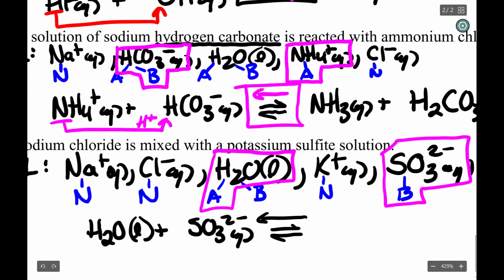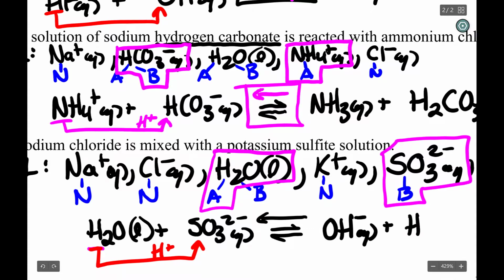Also, my base is above the acid on the table. The acid, which is water, will donate its proton to the sulfite, end up turning into hydroxide ion, aqueous, and then HSO3- aqueous. So this last one is actually an example of Kb, which we've already spent some time on.